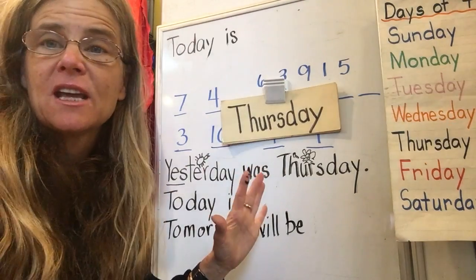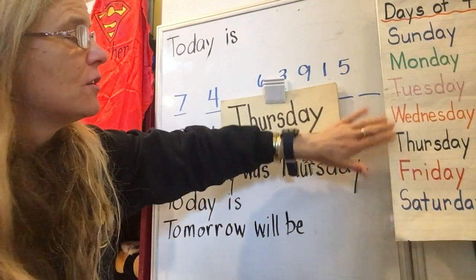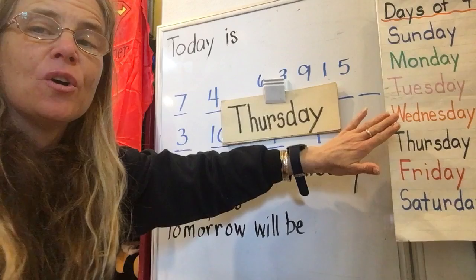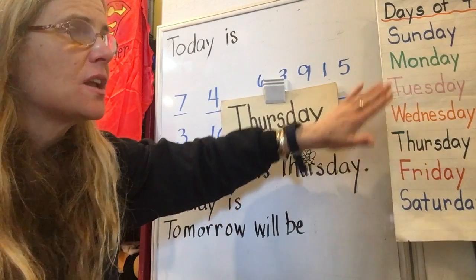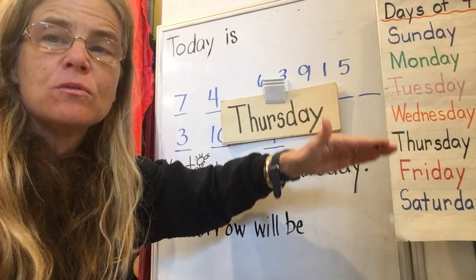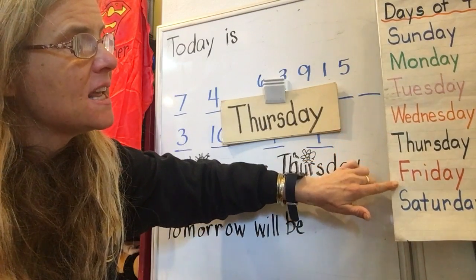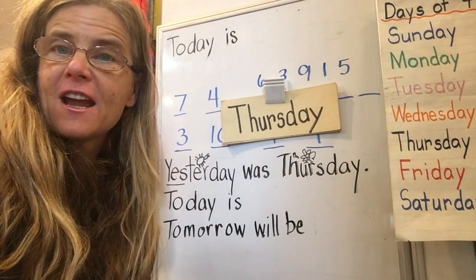So now again, I'm going to take what I know and plug it in to a smart chart over here: Thursday. And I know that if yesterday was Thursday in my pattern, I'm going to come down to the next day on this chart. I know today is Friday.